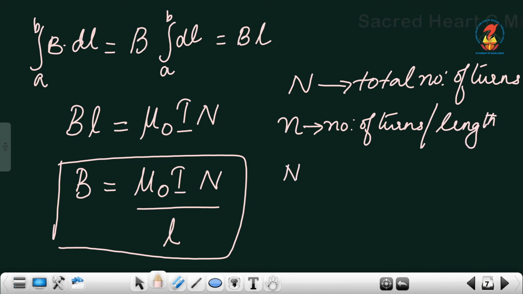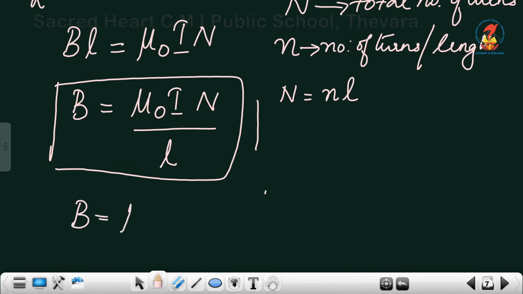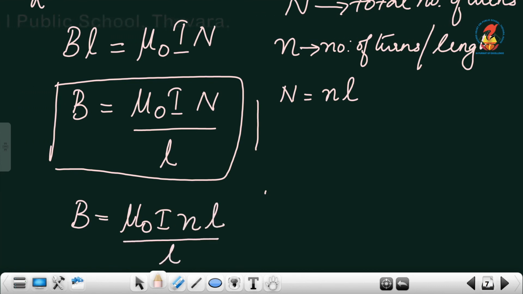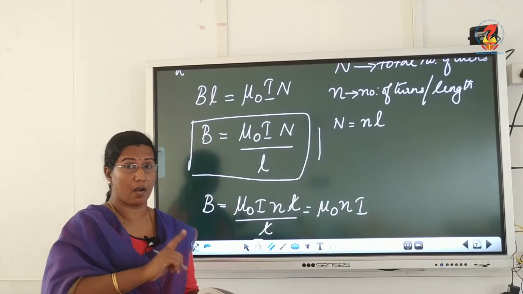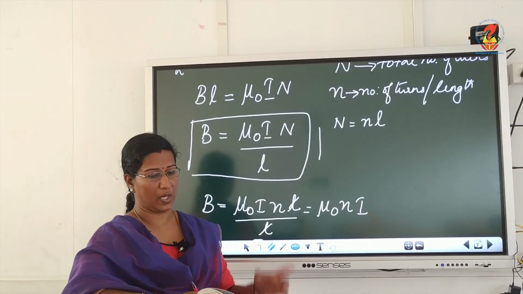So capital N is equal to small letter n into L. So this equation can be written as B is equal to mu 0 I, instead of capital N you can put small n L, divided by L. You will get mu 0 n I. Don't forget, capital N is the total number of turns in the solenoid, whereas small letter n is the number of turns per unit length.